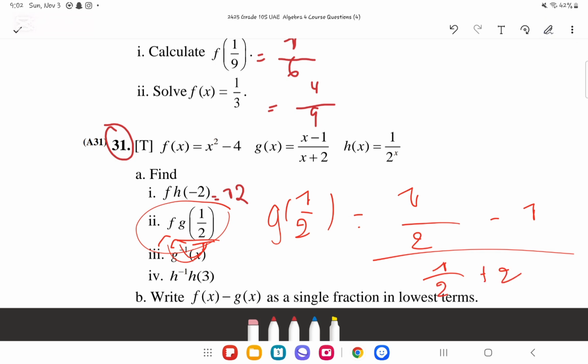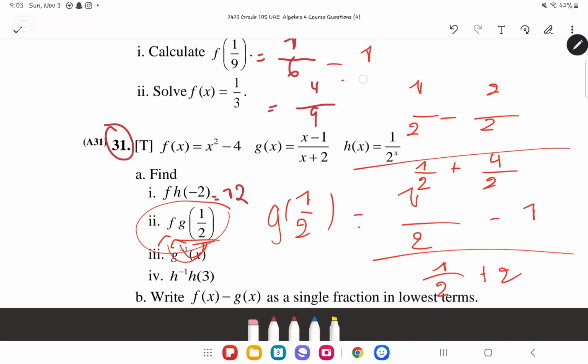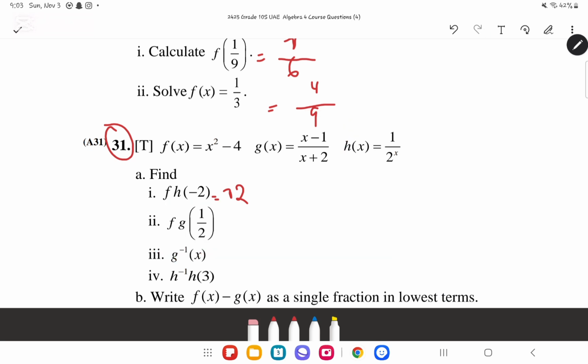To solve it, we're gonna do common denominator, so it's gonna be 1 over 2 minus 2 over 2, over 1 over 2 plus 4 over 2. So then we are gonna get minus 1 over 2 over 5 over 2.